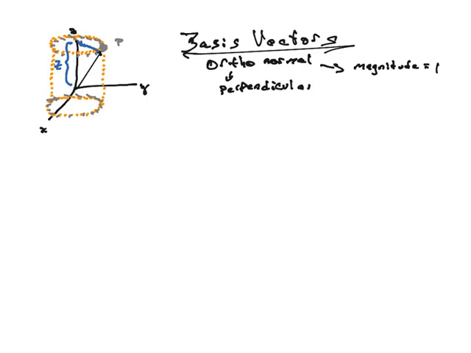The best way to see this is to pretend there's some light bulb up here. Here's my little light bulb. It's shining light, and it's going to cast a shadow of our point down onto the floor. The xy plane is like the floor. It's going to shine a little shadow straight down to this point right here. That's not the point P, that's the shadow of the point P in the xy plane.